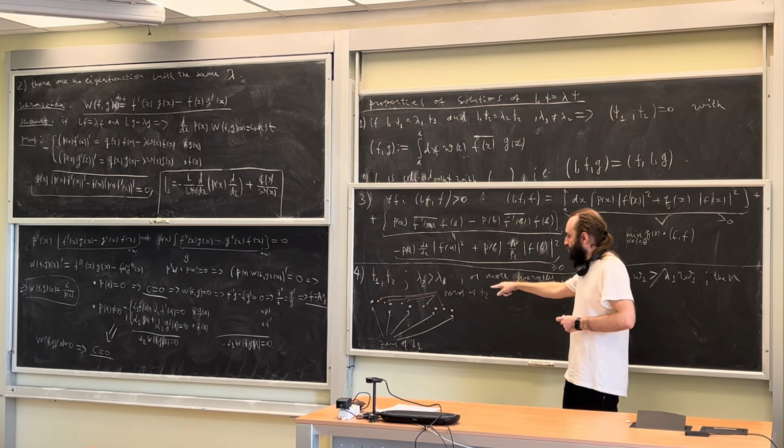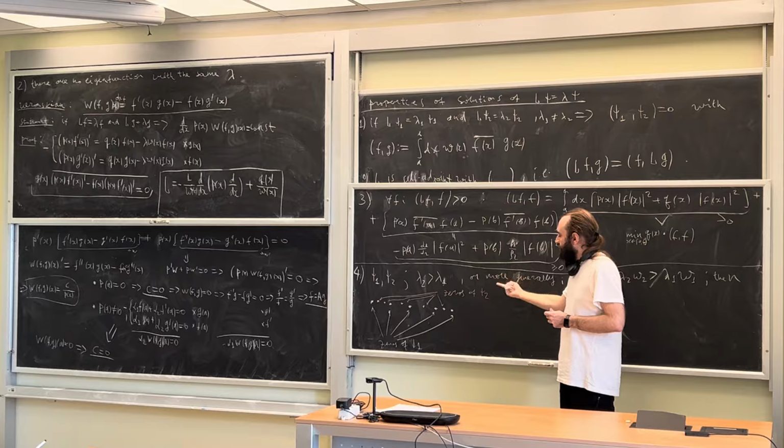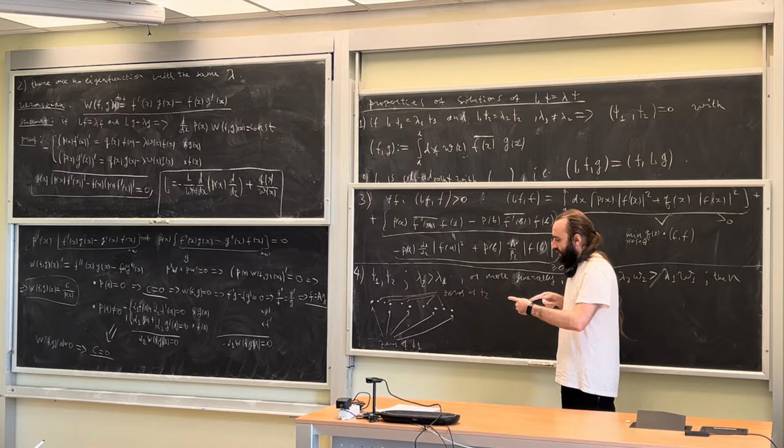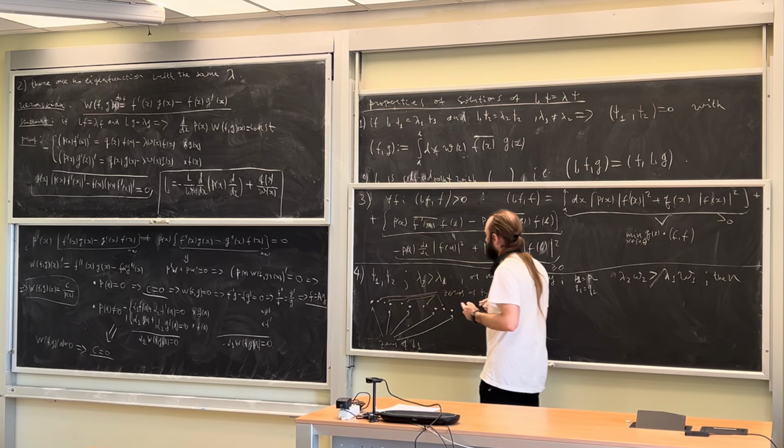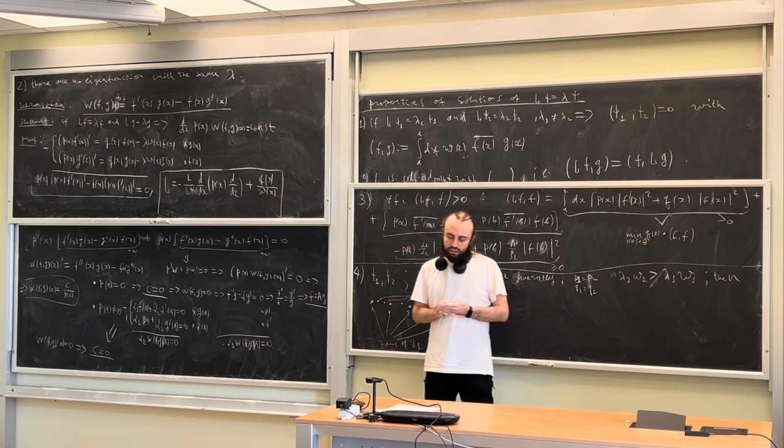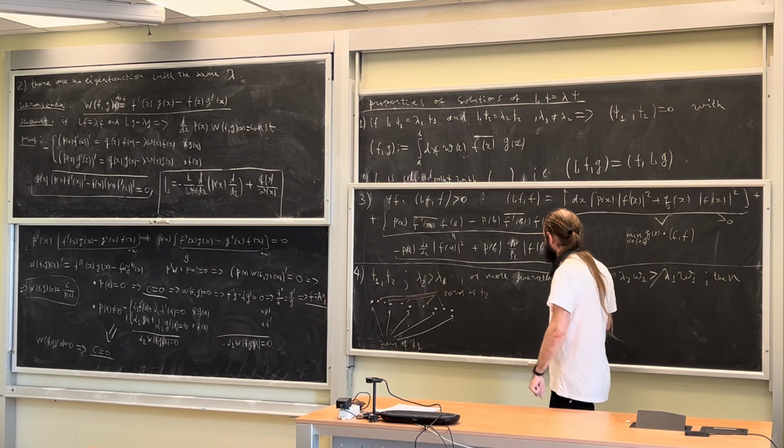So if we formulate it in words, we can say that each interval between zeros of psi1 contains at least one zero of psi2.